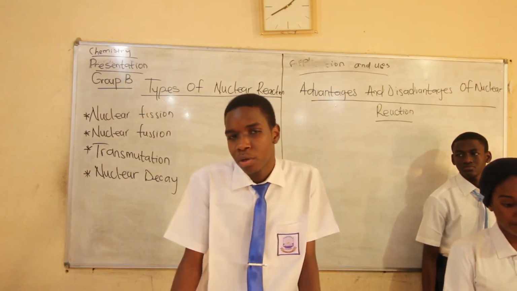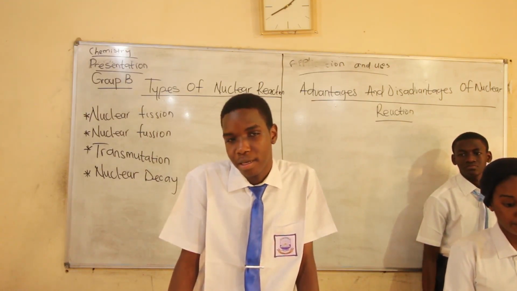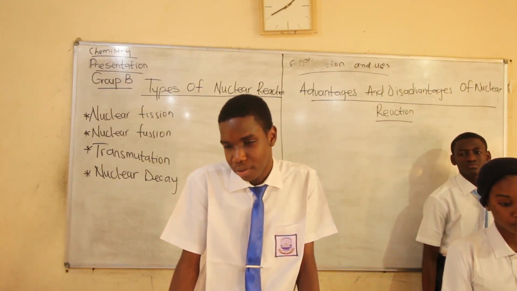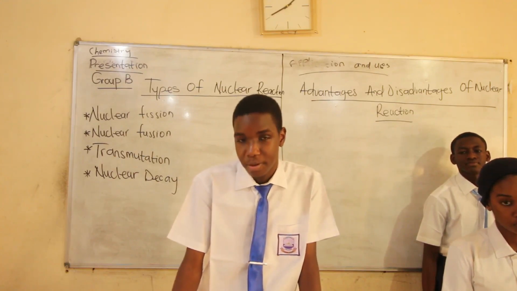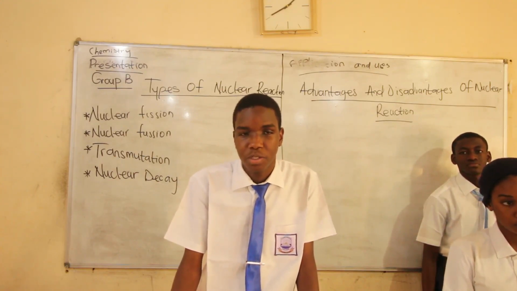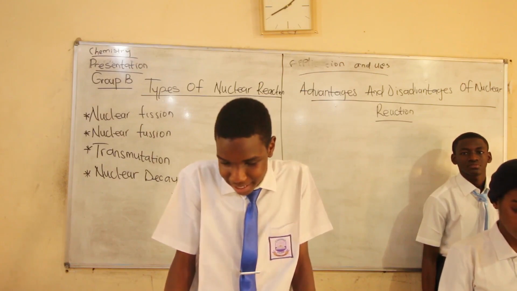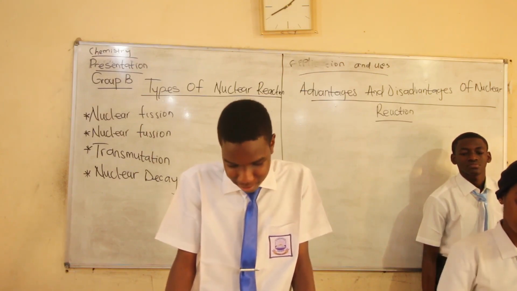The end of the Second World War was caused by an atomic bomb in Japan, and up till now they are still suffering the consequences because it is very hazardous and has very dangerous uses.